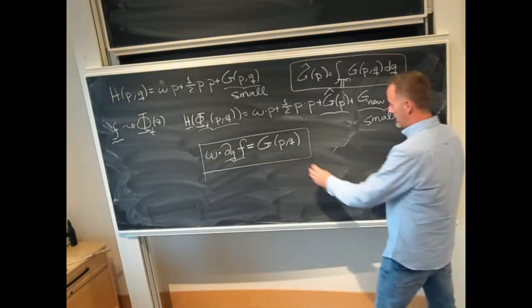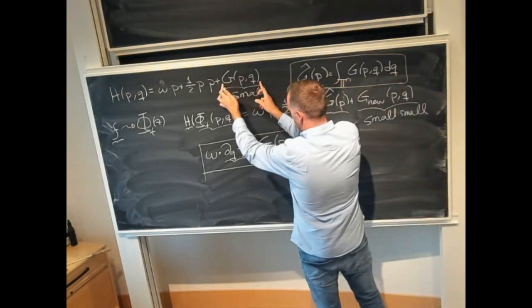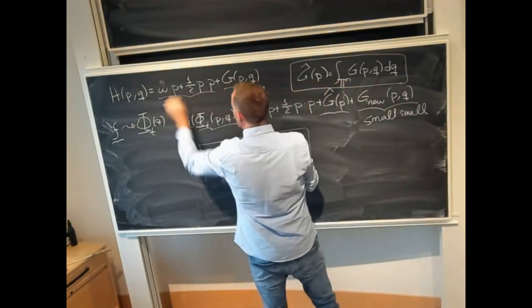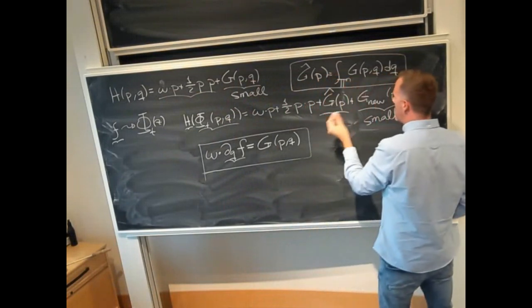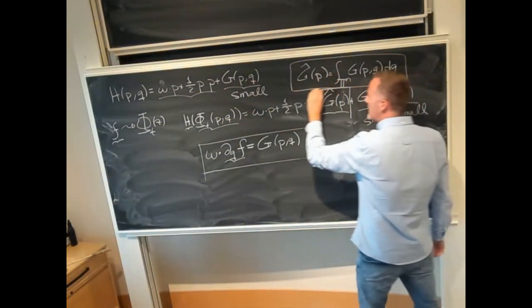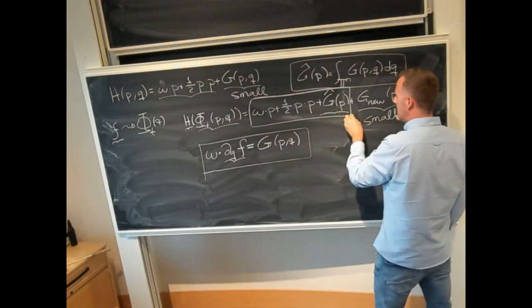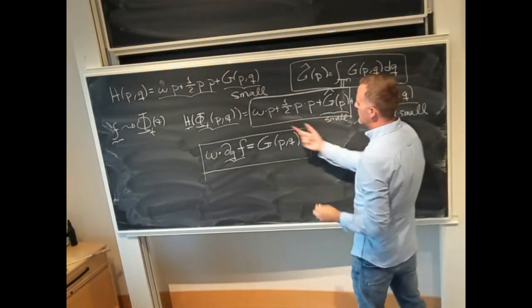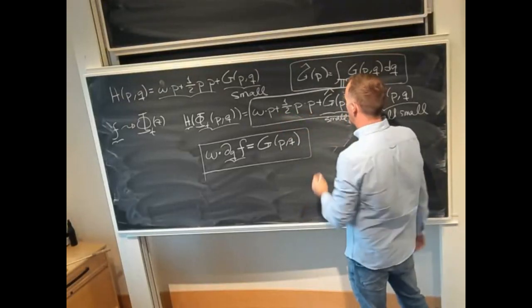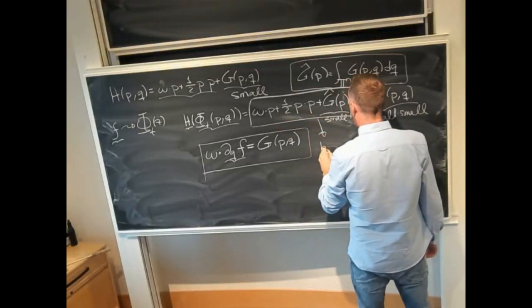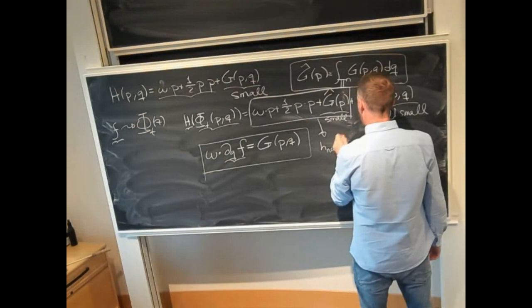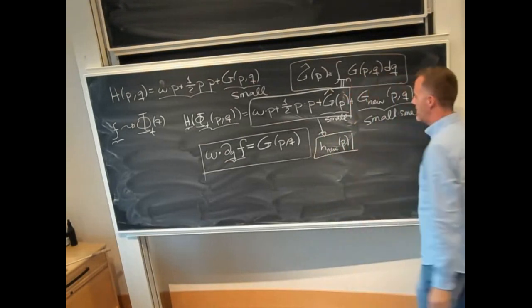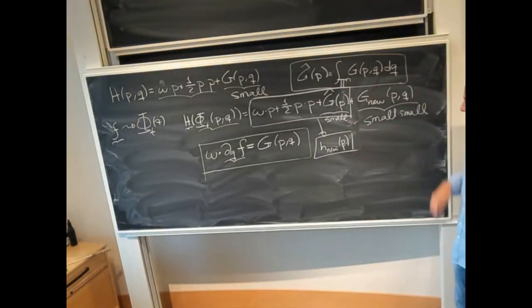So what we do is that we take the average and join it into here, but it doesn't affect that much because notice that this is small, and what we get is that we started with this beautiful Hamiltonian, and we get a new Hamiltonian that only depends on the action.